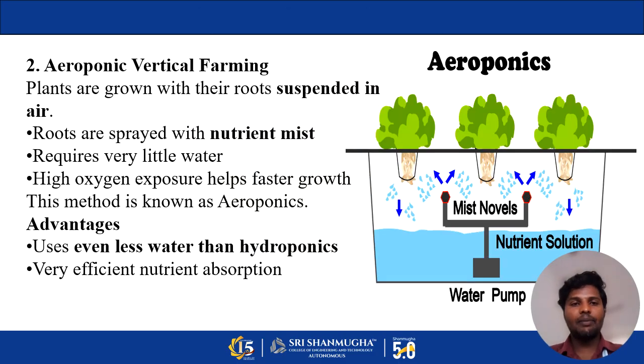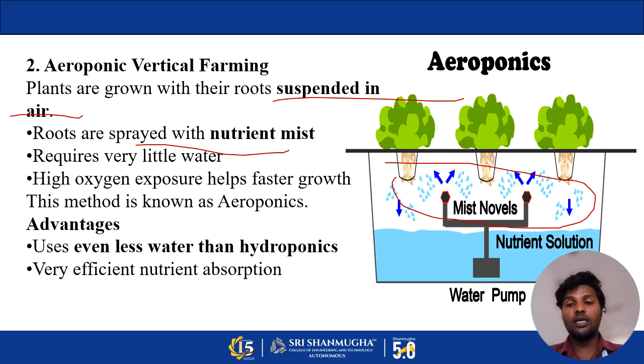The second type is aeroponic vertical farming. In this system, plants are grown with their roots suspended in the air. I'm going to mark that with the marker. Roots are sprayed with nutrient mist. In the air medium, we supply the nutrients as small droplets that are absorbed by the roots of the plant suspended in the air. That requires very little water.